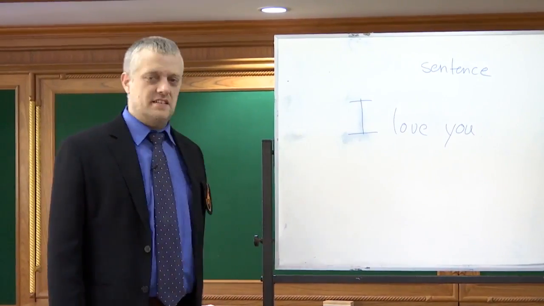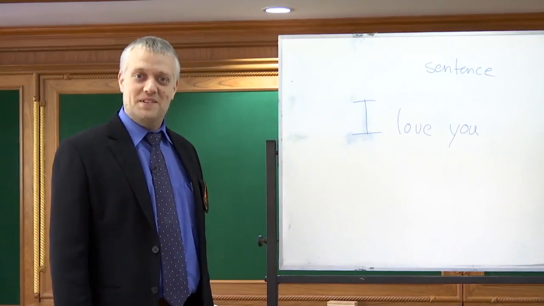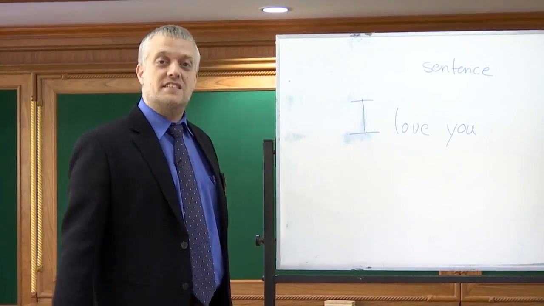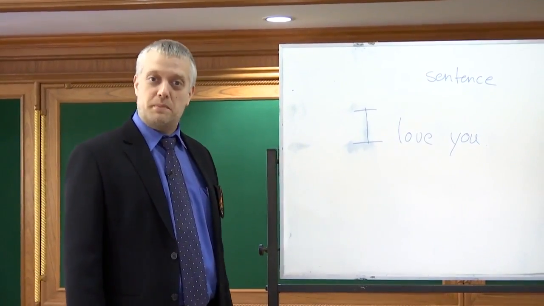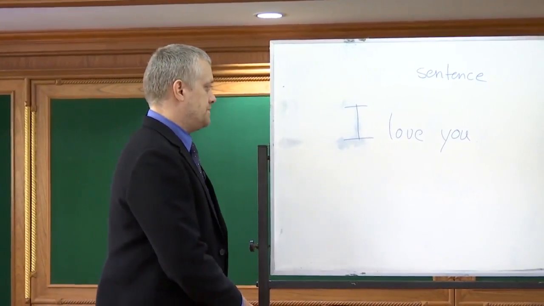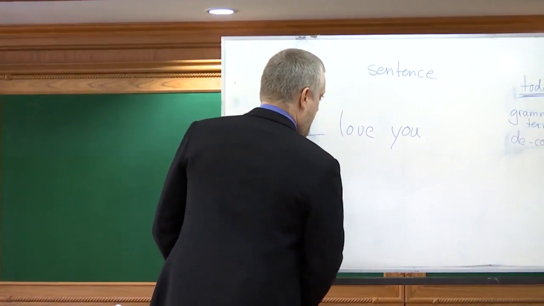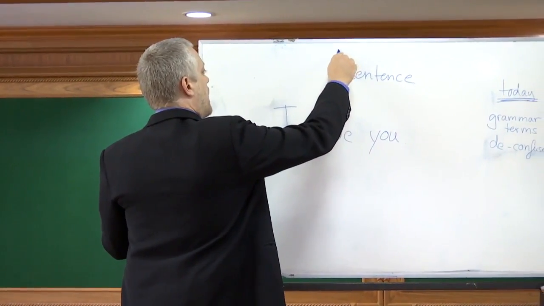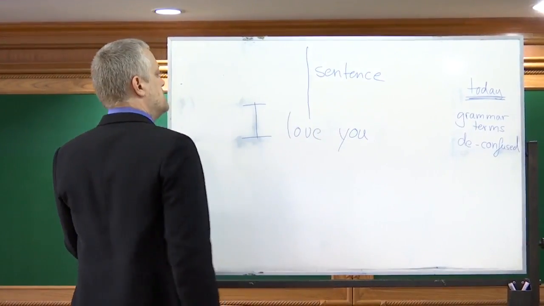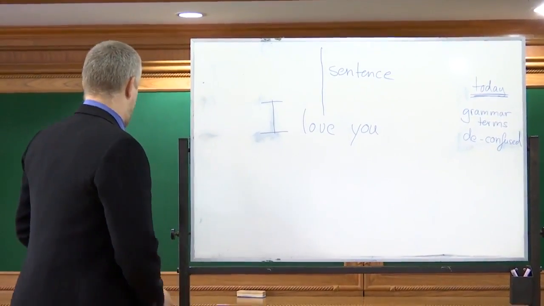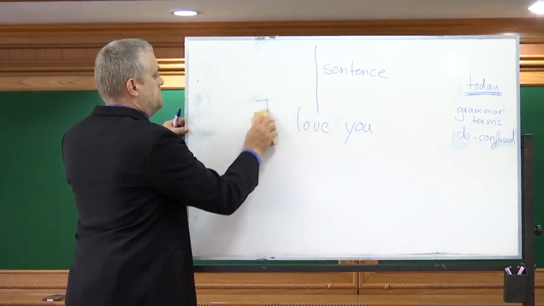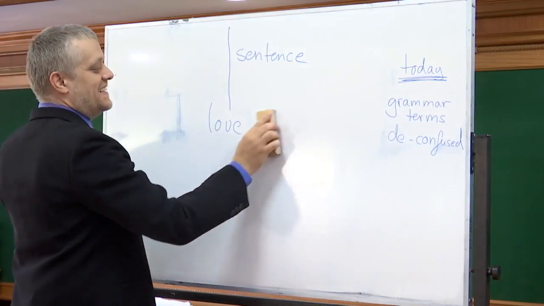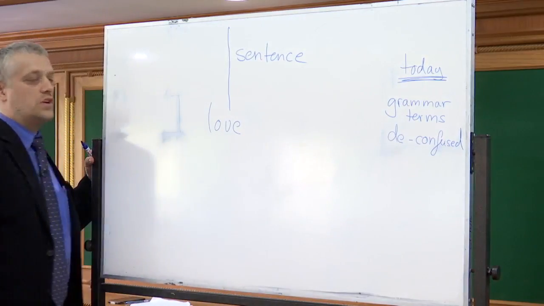That is a sentence. Isn't it beautiful? It's my favorite sentence. If we used it more often, the world would be a better place. We had a sentence. What do we have now?